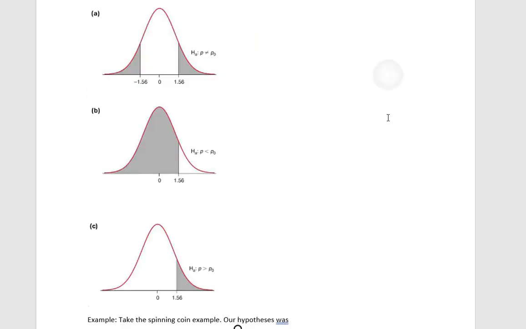All right, so for this very first one, our alternative hypothesis is that p does not equal p naught. Remember, if we assume that our null hypothesis is true, then getting a small amount of heads is just as extreme as getting a large amount of heads. So here's how you're going to find this: you're going to take the negative of your z-score, which in our case would be negative 1.56.